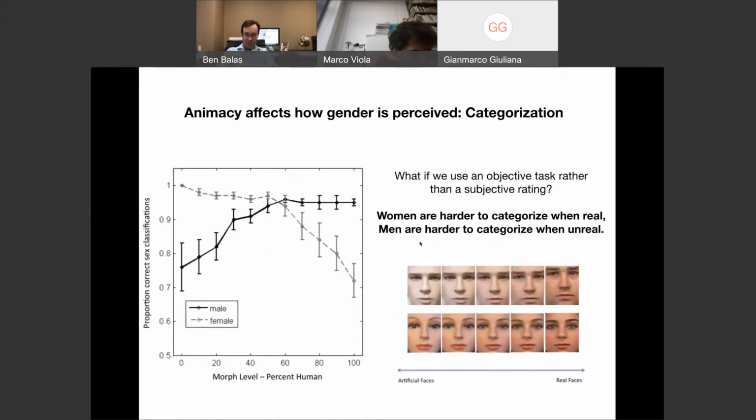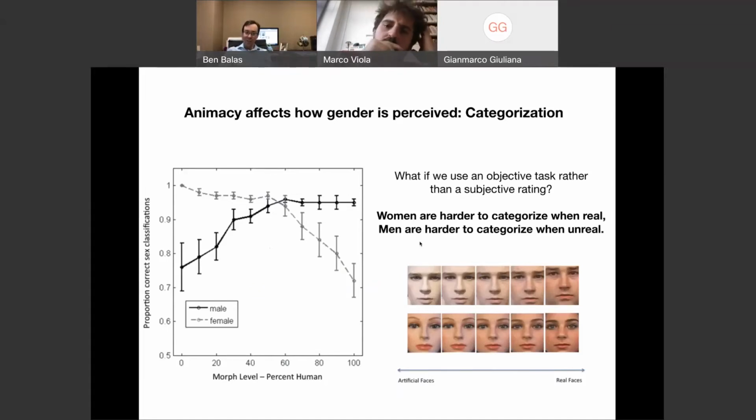Because we're sort of a psychophysics lab, at least some of the time, we did want to know how this plays out in a true categorization task. So besides asking people for these subjective ratings, where we're just saying, 1 to 7, tell us how real the face looks or how attractive it looks, we wanted to use a categorization task where they were making speeded responses to our images across this continuum and just trying to tell us whether each face was male or female as quickly and accurately as they could.